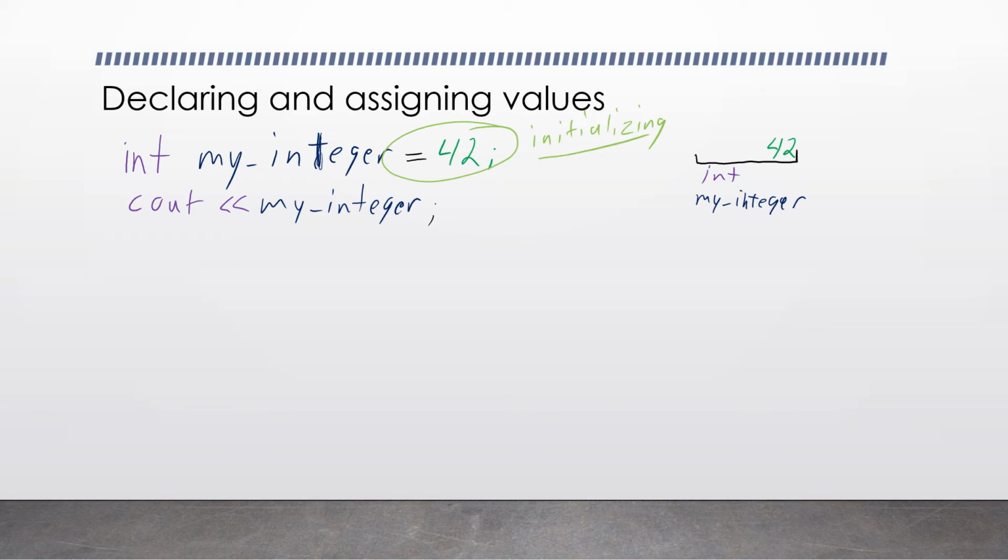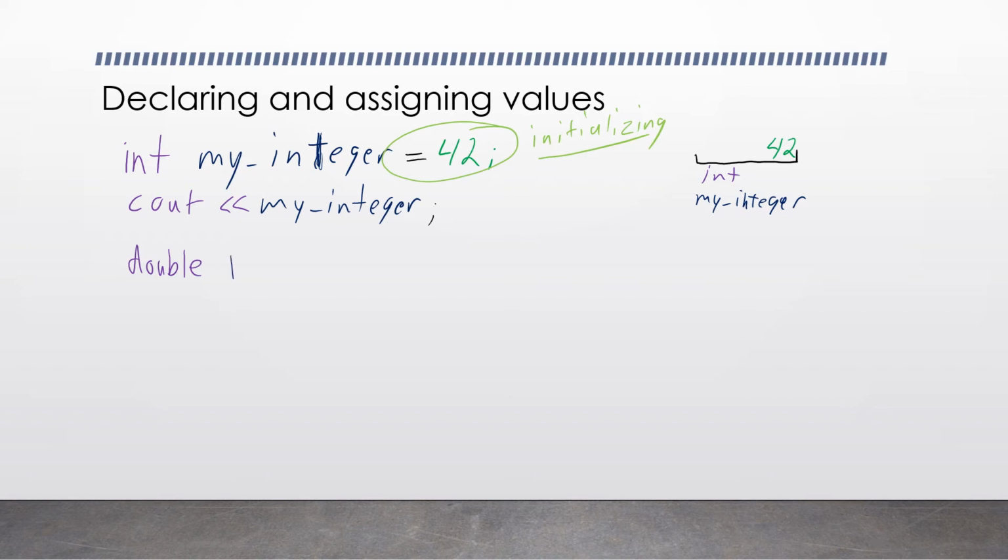And it is a very good habit to get into, to always initialize your variables as you declare them. You can declare multiple values on one line. So if we want to declare a couple of double type values, again, see my presentation on numerical types to understand what a double is.